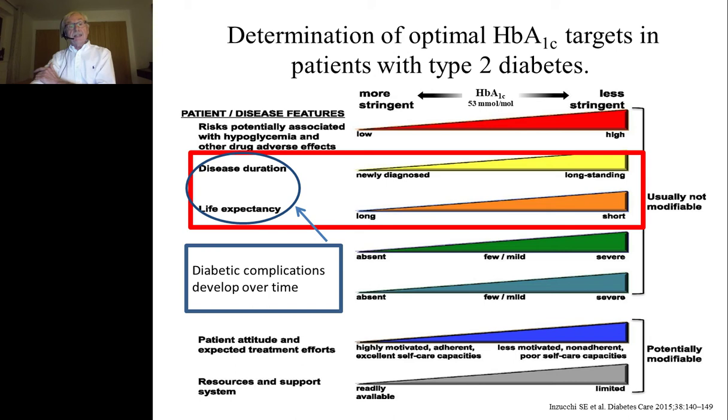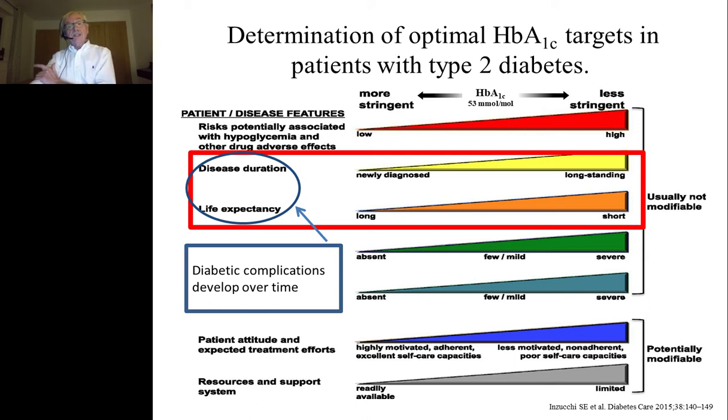Because diabetic complications develop over time, if you've got a young, newly diagnosed diabetic with a long lifespan in front of them, we want to be more stringent over their control. If you assume 7% or 53 millimoles per mole as a target for treatment, then you want to get that number lower if that patient has a long time to live, because you want to stop these complications happening.